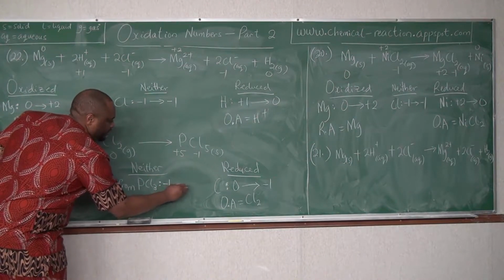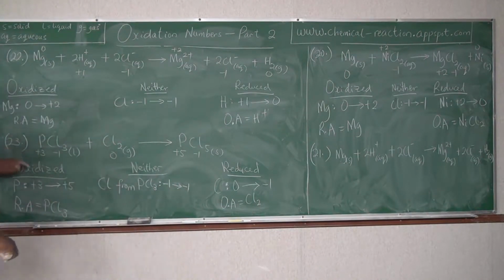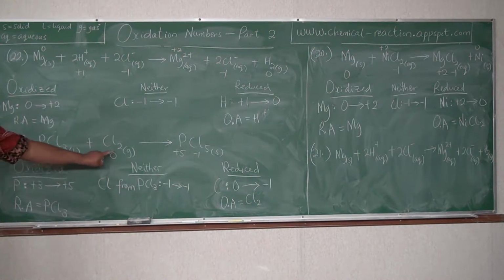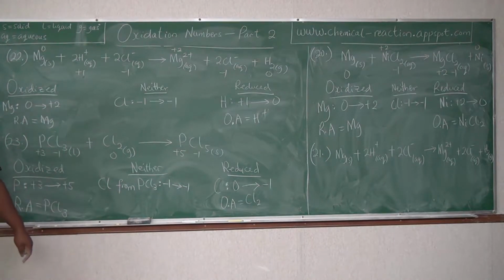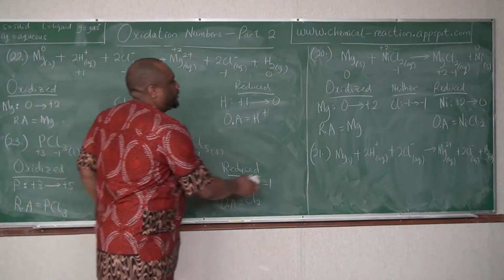The one that was reduced is the chlorine gas. Therefore, it's the oxidizing agent. The chlorine from this guy was neither oxidized nor reduced. Okay? The next one, question 24.